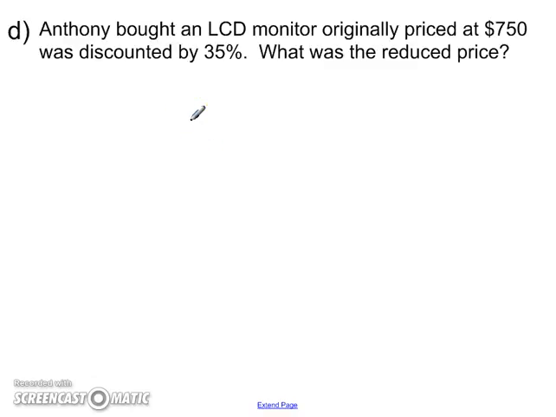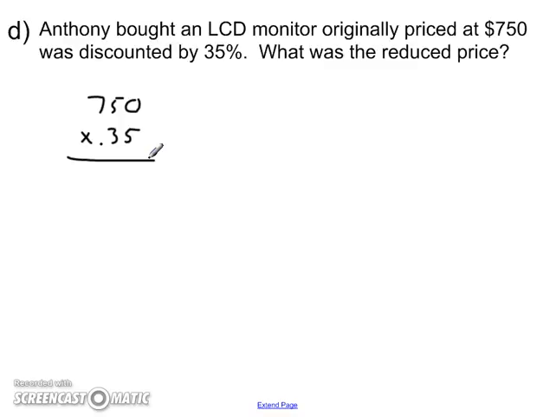Two good ways to do this, all right, there's the 1-step problem and there's the 2-step problem. The 2-step problem goes like this. If we take our $750 and we multiply by our percent of reduction. Now I'm going to save the steps here.